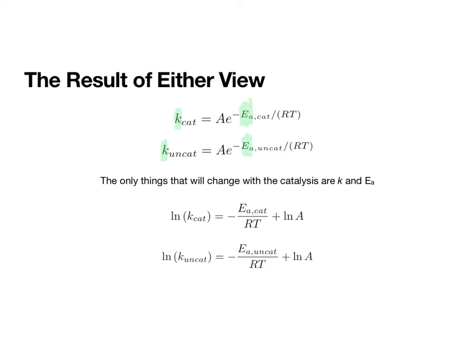We can assume most of the time that this pre-exponential factor stays constant because really we are keeping everything the same about the collisions between the reactants and products. We are instead opening up an alternative pathway through the potential energy surface. So we can write this in the linearized form as well.